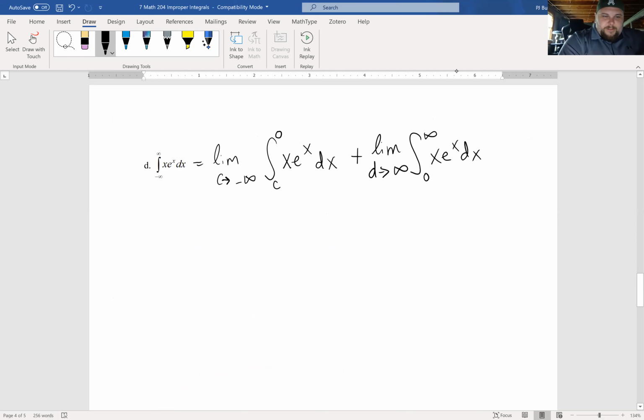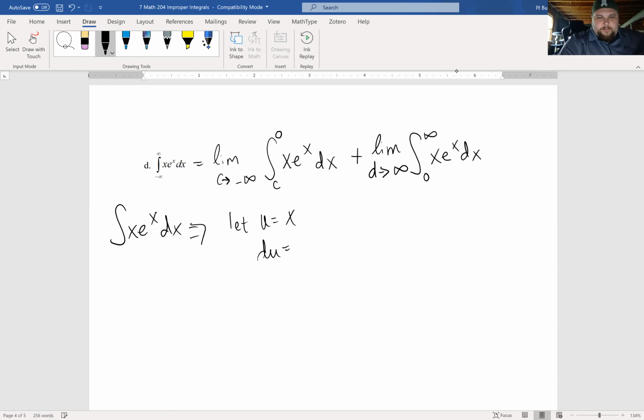All right, so first we need the integral. We've already done this one. We would let u equal x, du equals dx, dv is the leftovers, v is the integral of dv. So plug in.